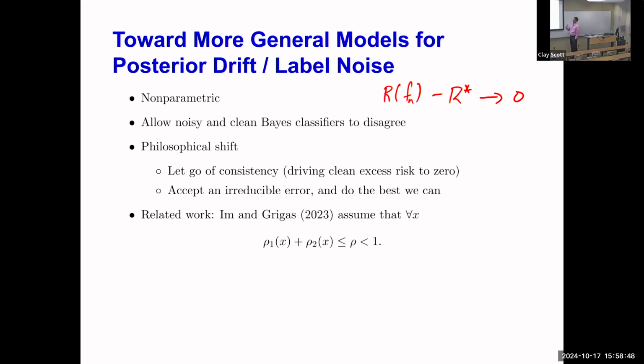But posterior drift is a hard problem. If you want a realistic model, it's going to be really hard to attain that. So we're saying let's let go of that goal. Instead, let's accept an irreducible error. So this excess risk is going to be bounded away from zero. And instead, suppose our goal is just to get as close as we can to that bound.